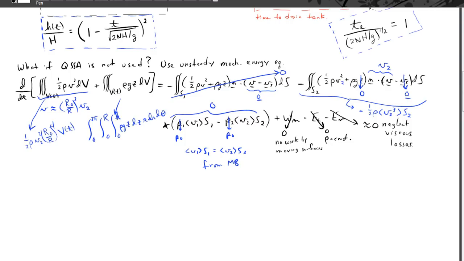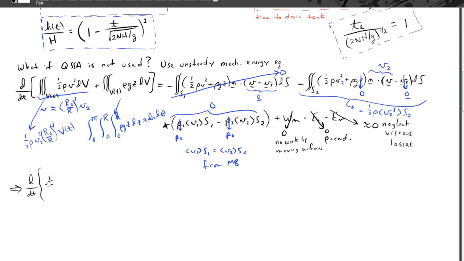So we can now just combine these simplified terms, and therefore what we get is the time derivative of the total kinetic and potential energy of the system, which we've estimated.